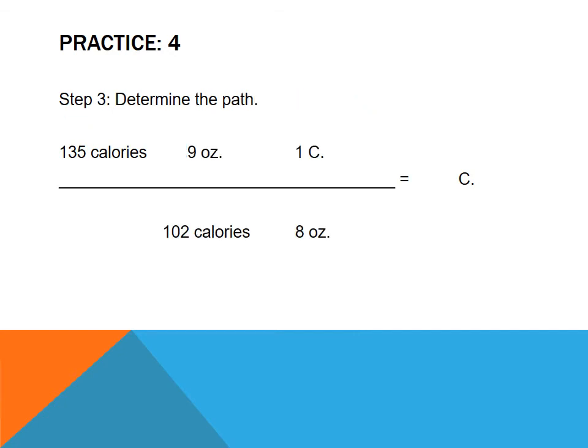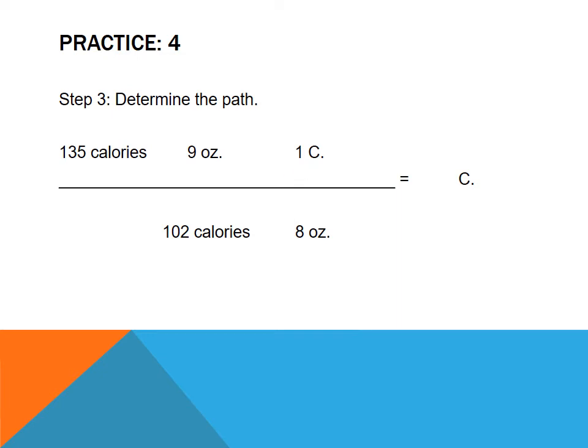Determine the path. Since we have calories here, we need calories below. If you remember, the story problem said that 9 ounces of soup provides 102 calories. So that's the conversion factor. 9 ounces provides 102 calories. And also, ounces is not the end symbol we want, so we have ounces down here. 8 ounces make 1 cup, and that's the symbol we want.